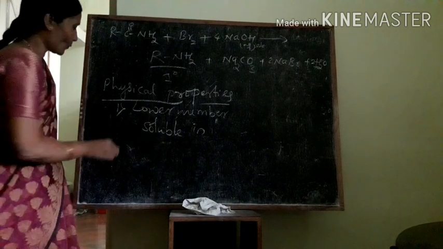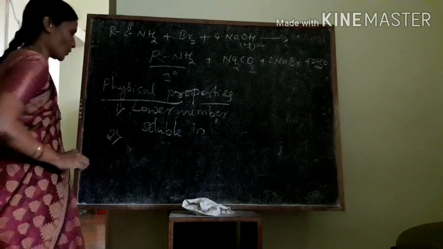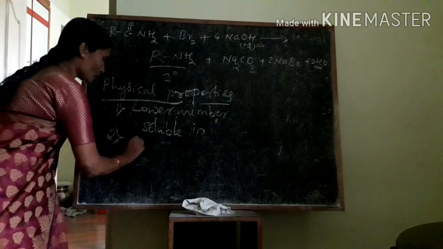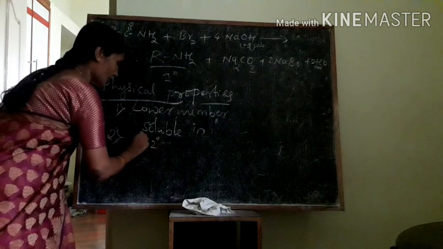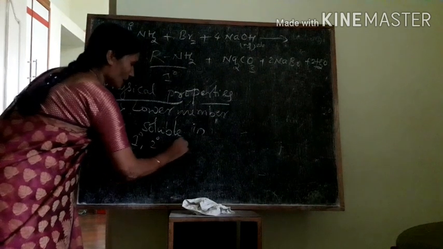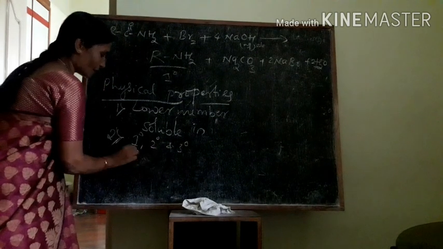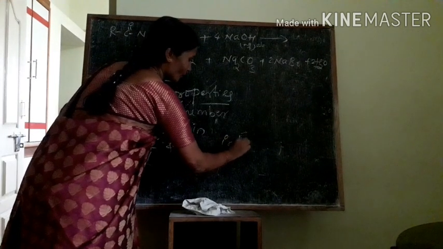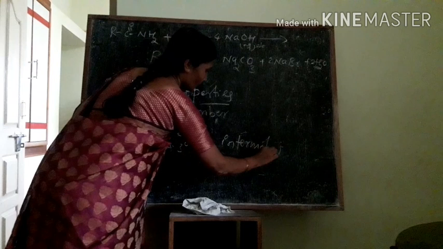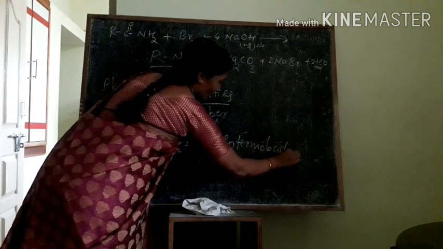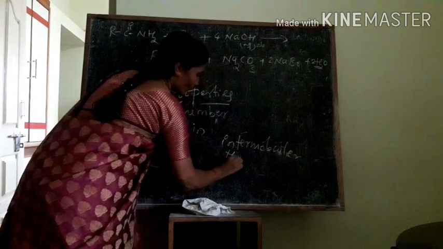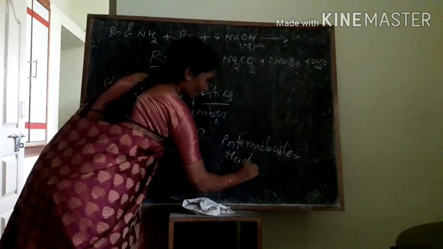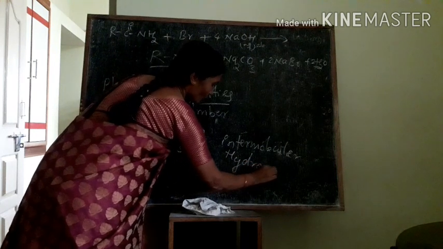And the next very important concept: there are primary, secondary and tertiary amines. Among these, primary and secondary have intermolecular hydrogen bonding. Why do these have intermolecular hydrogen bonding?